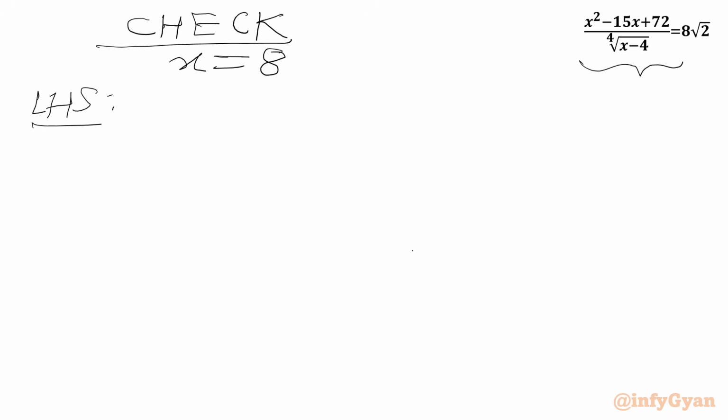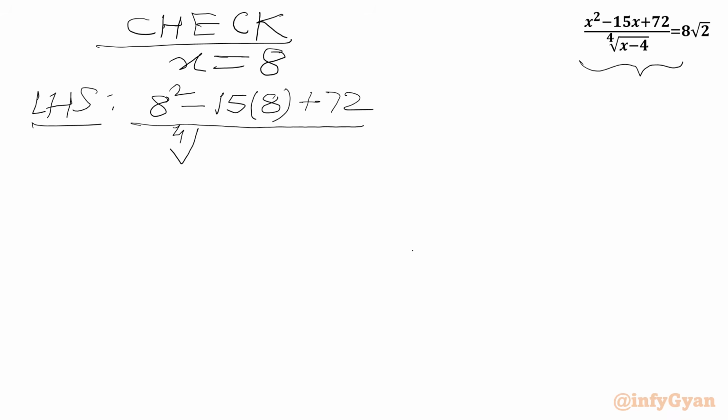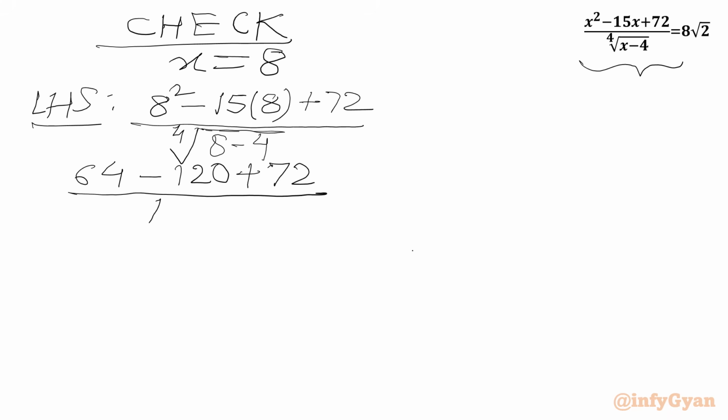We will write x square, so we can write 8 square minus 15 times 8, then we have plus 72 in the numerator, and in the denominator we have 4th root of 8 minus 4. 8 square is 64, minus 15 times 8 is 120, plus 72. 64 plus 72 is 136.